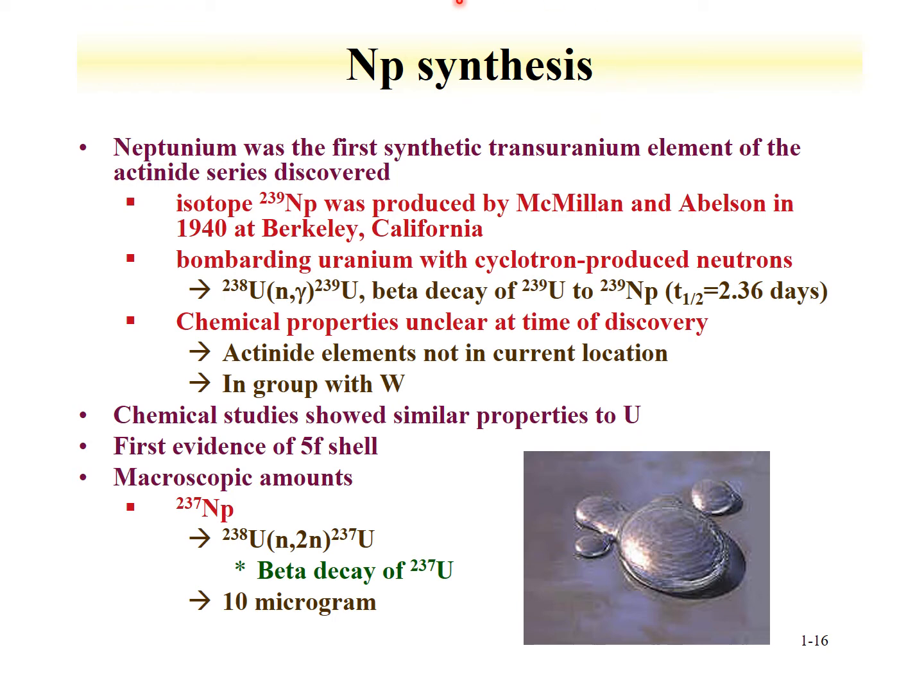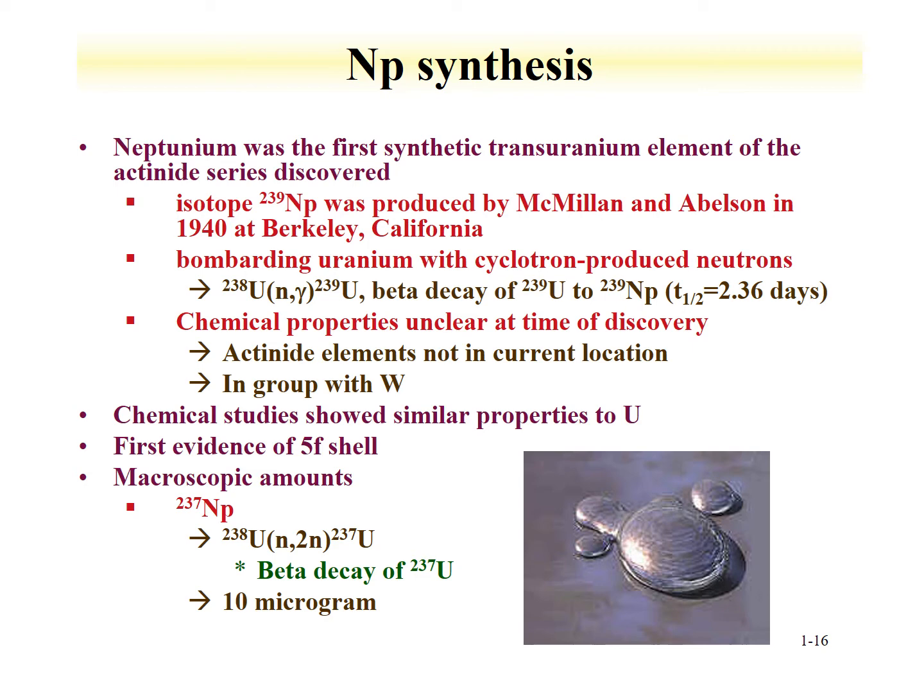Then other synthetic elements, we'll start with neptunium. If you look at the actinides, you go from actinium, of which there is trace natural actinium, thorium, which is naturally available, protactinium, which is part of the decay scheme of uranium, and then uranium, which is also naturally available and mined.